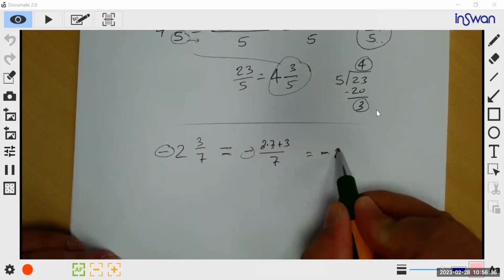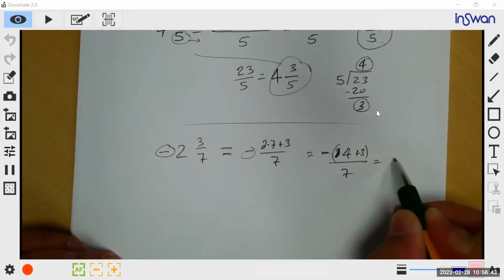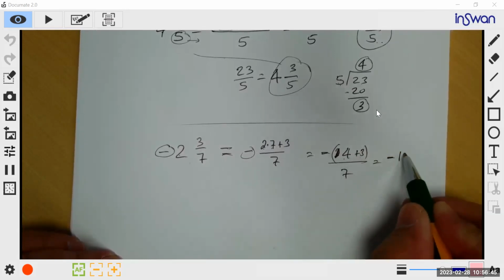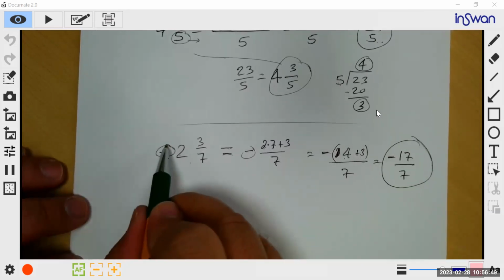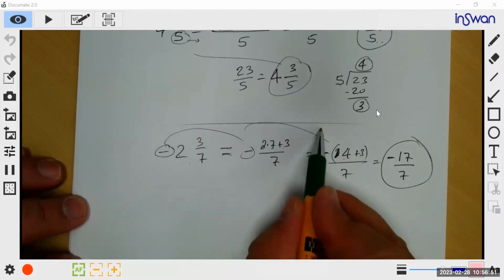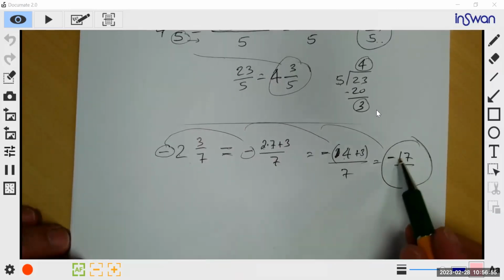Two times 7 is 14. Fourteen plus 3 is 17. In other words, just keep the negative out in front. And when you finish, it goes with the top number.